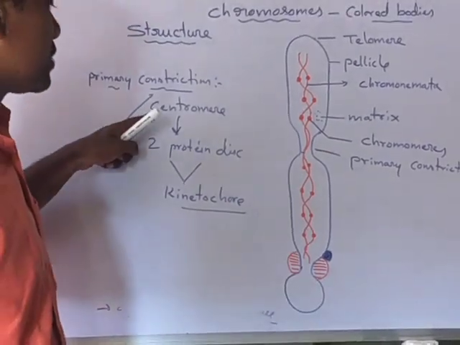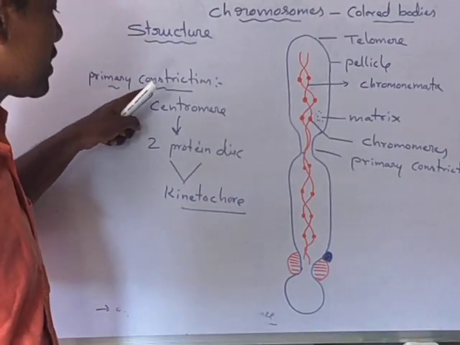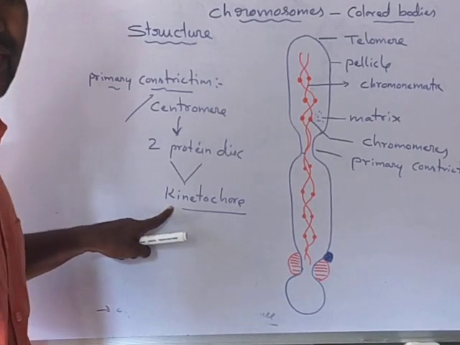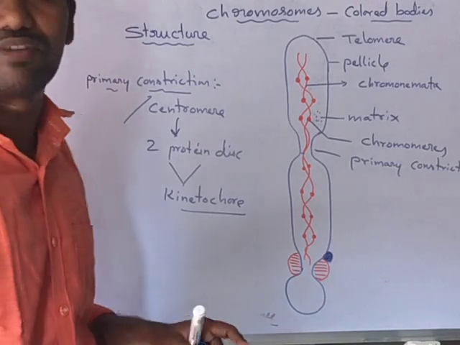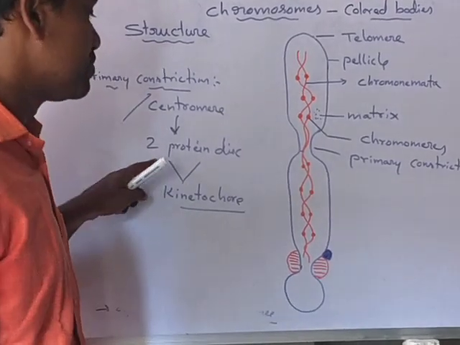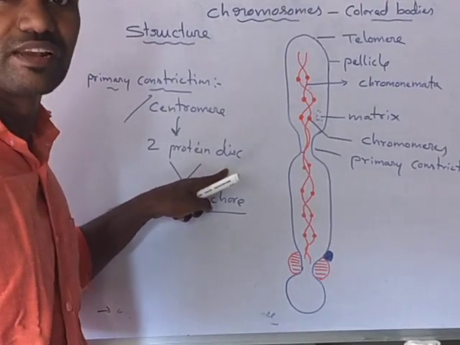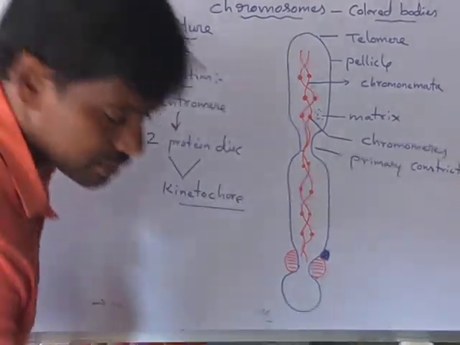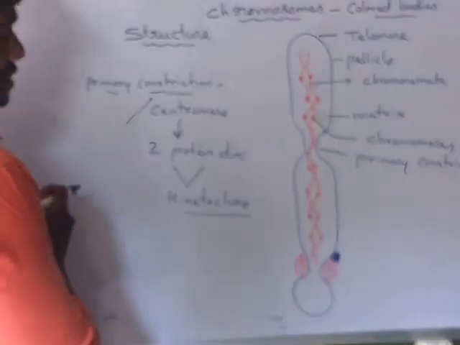The spindle fibers are attached through these discs. At the time of anaphase, the spindle fibers attach to these protein discs. So this is about the primary constriction.